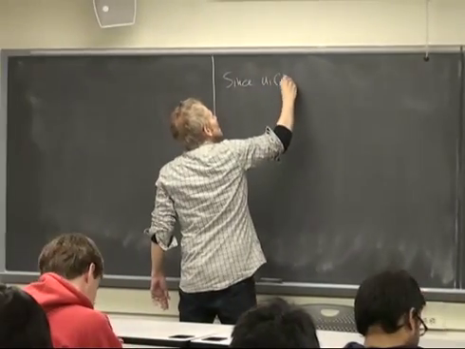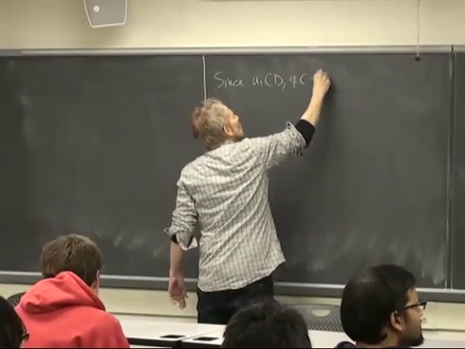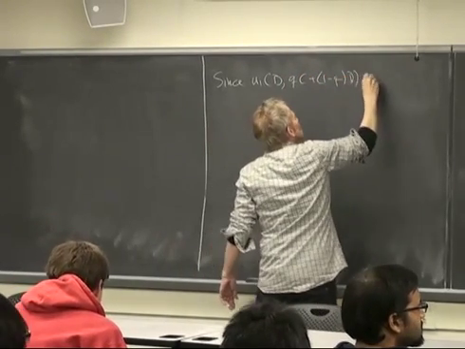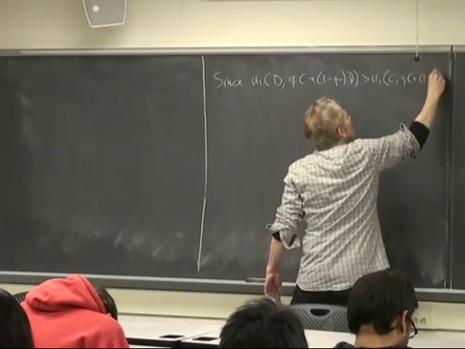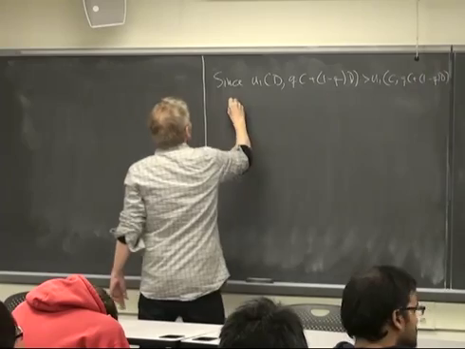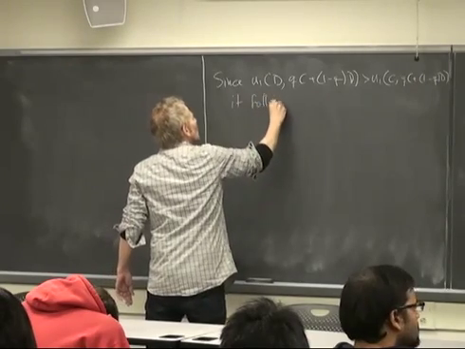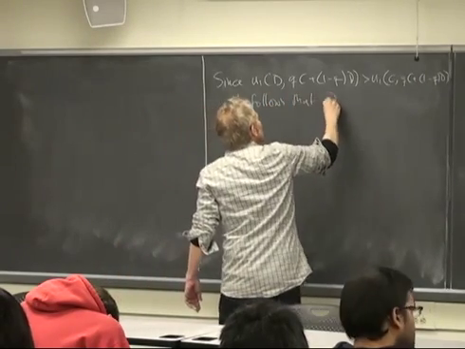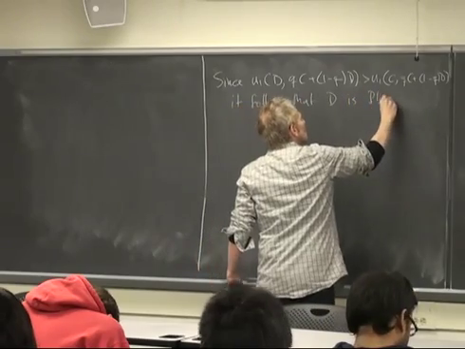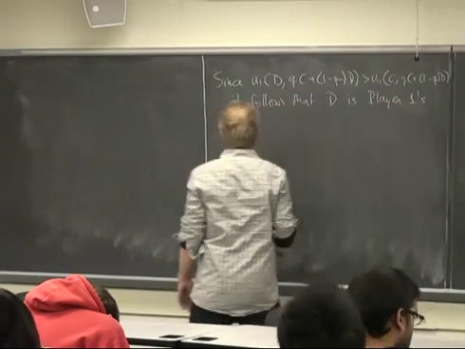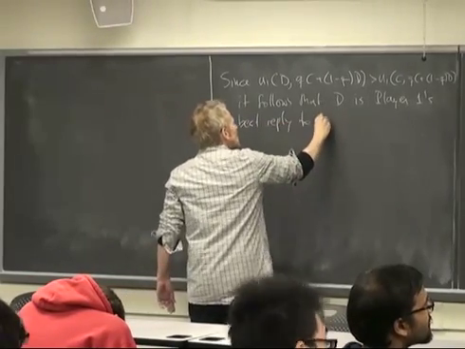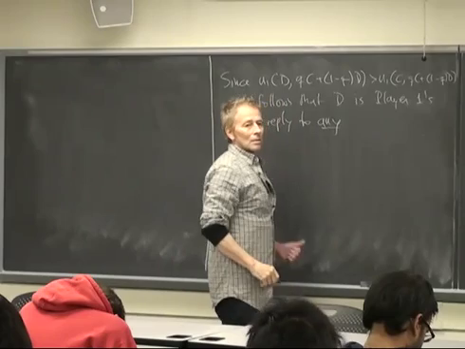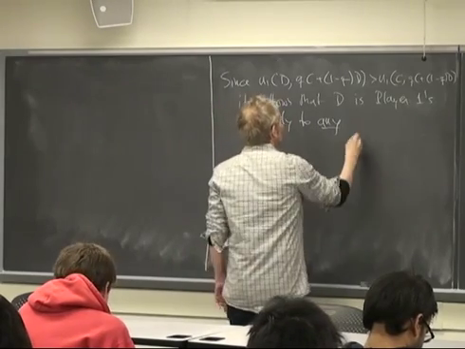So since U1 of D against that is always bigger than U1 of C against that, it follows that D is player 1's best reply to any strategy employed by player 2.